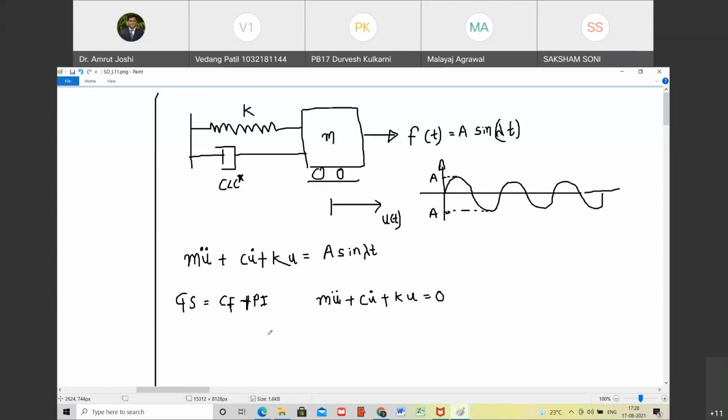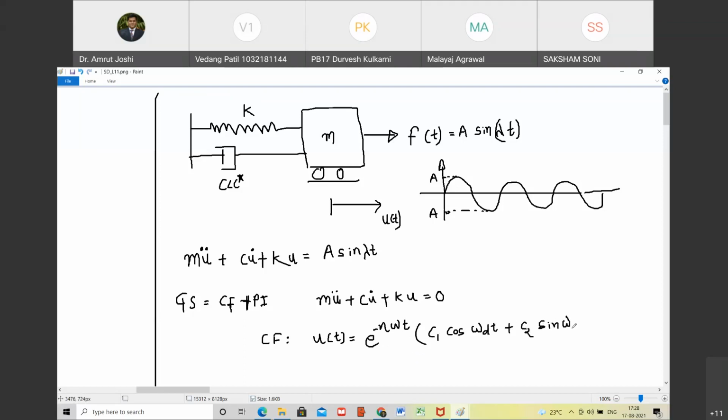So how do I write the complementary function? We already know, since we have solved this equation, that u of t looks something like this: e raised to minus eta omega t into C1 cos omega d t plus C2 sin omega d t.